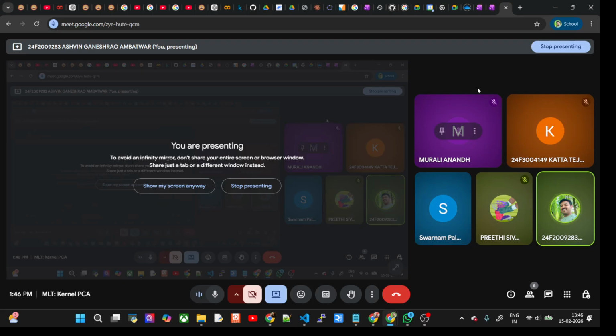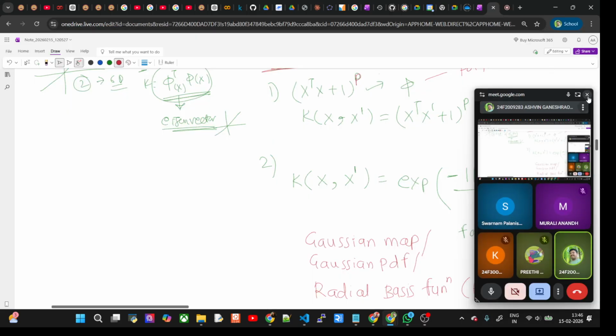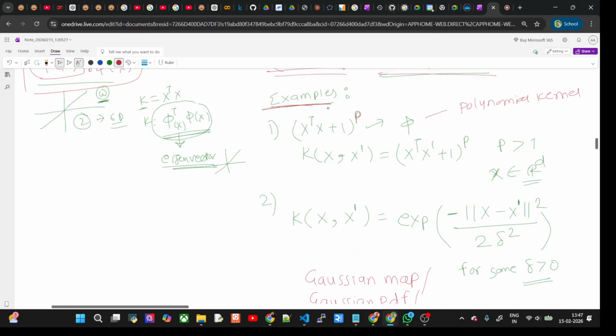Basically, in applications we generally use the Gaussian kernel. But if the exam question asks you to use the polynomial kernel, then you need to use x transpose x plus 1 as the kernel. If they don't ask, then you use by default exponential of minus x minus x prime whole square divided by 2 sigma square.